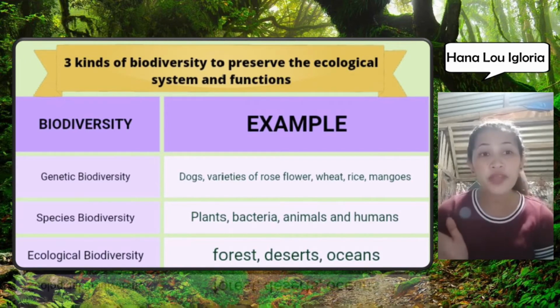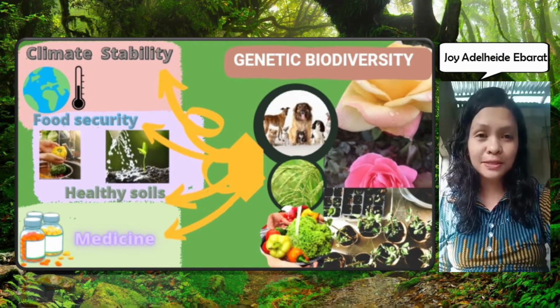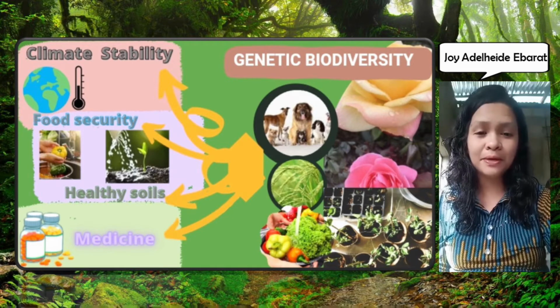An example of this on a global scale would be the variation in ecosystems such as the deserts, the forests, the grasslands, the wetlands, and the ocean. So ecological diversity is the largest scale of biodiversity, and within each ecosystem, there is a great deal of both species and genetic diversity.